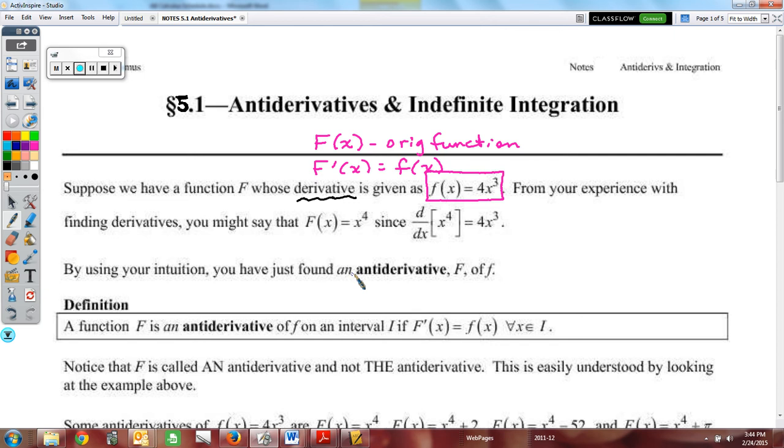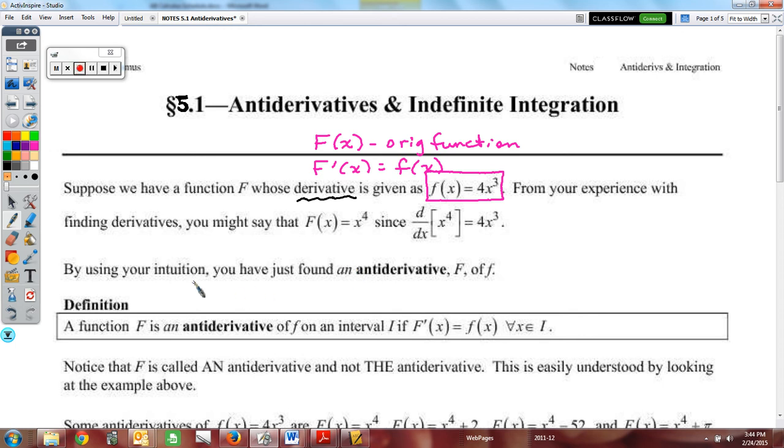Now, the idea here is that you're working backwards. If I tell you the derivative is 4x cubed, then your job is to tell me what the original function is, to work backwards. And this one's pretty easy: if you got a derivative of 4x cubed, it must have been x to the fourth that you were taking the derivative of.